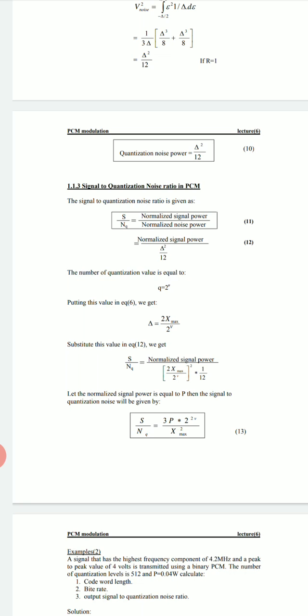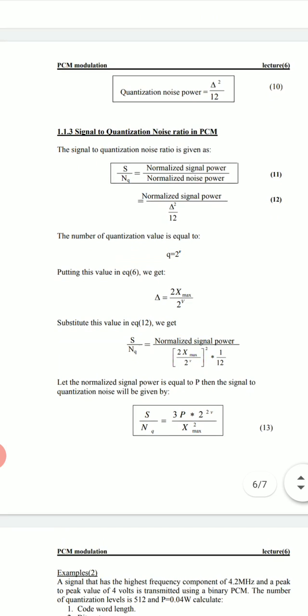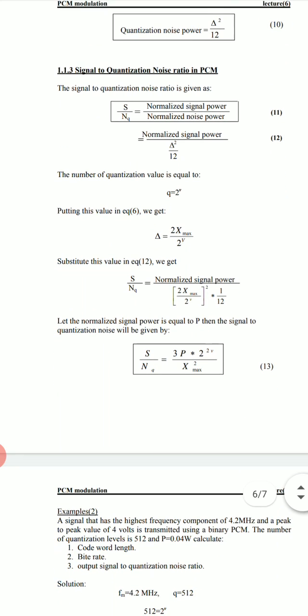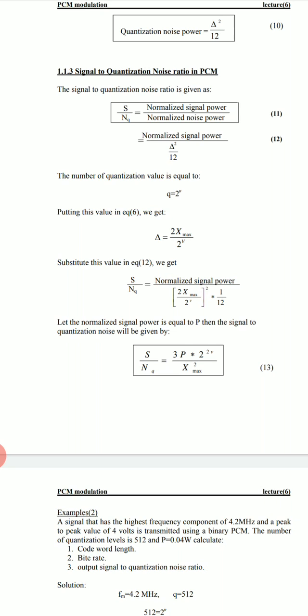If we denote the normalized signal power by the letter P, your equation will become normalized signal power upon 2x max upon 2 raised to V square, into 1 by 12. If you solve this, you will get the signal to noise ratio equal to 3P, this is the normalized signal power, into 2 raised to 2V upon x max square.